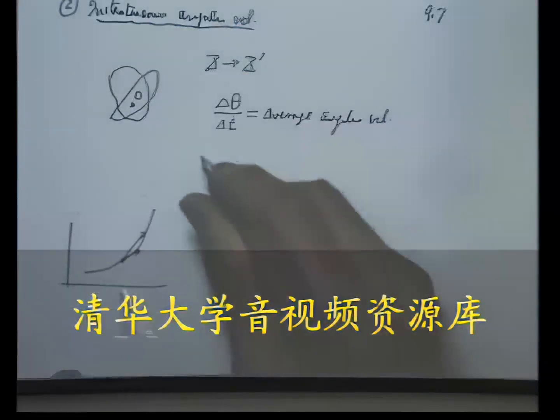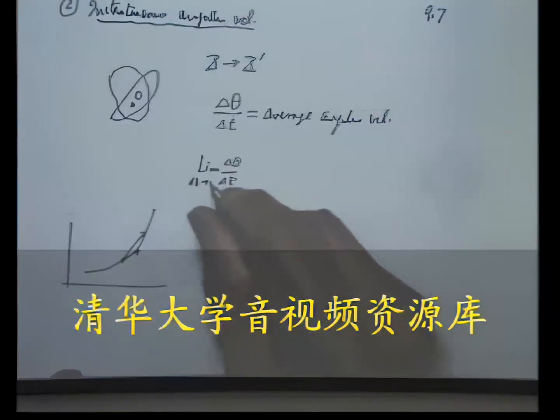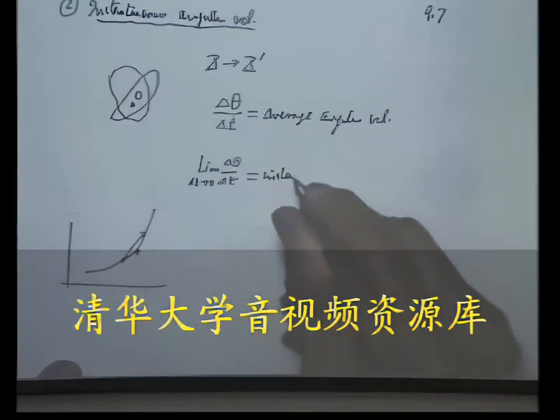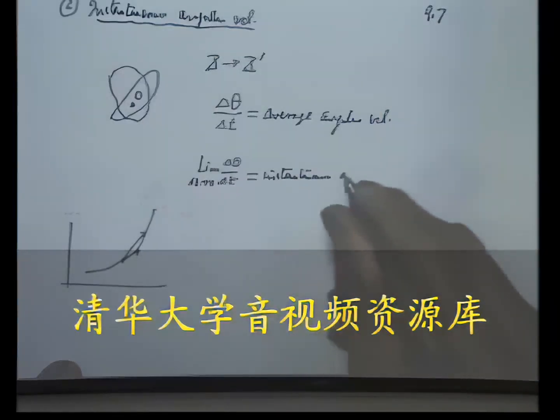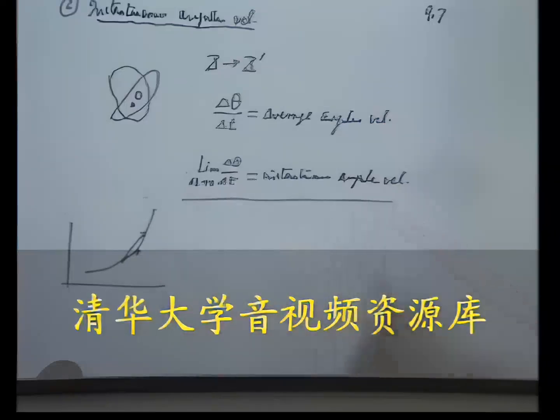So the limit of delta theta over delta t as delta t goes to 0, that's called the instantaneous angular velocity. But it not only has a magnitude, it also has a direction.